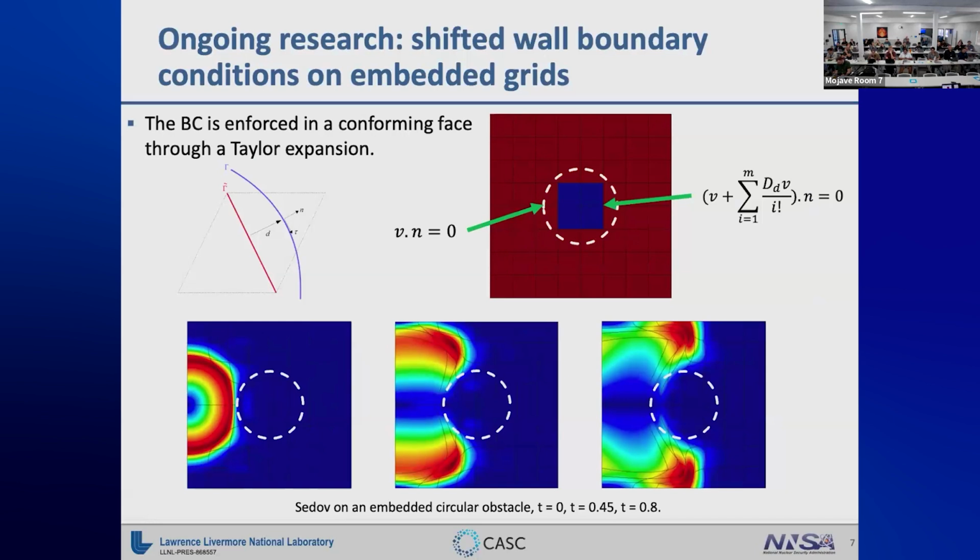And then instead of v·n equals 0, you enforce v plus some Taylor expansion to take into account the difference in the position equal to 0. So it's an approximation. But even if you do it exactly with the low boundary condition, it's still weak. So it makes sense to replace one approximation by another if it gives you so many benefits, you don't have to mesh and so on.